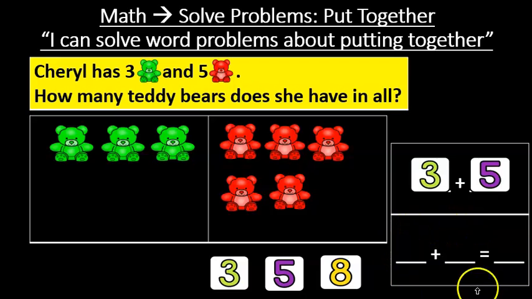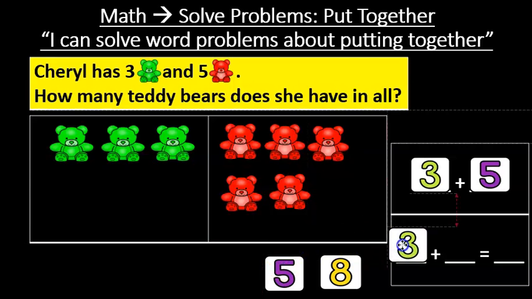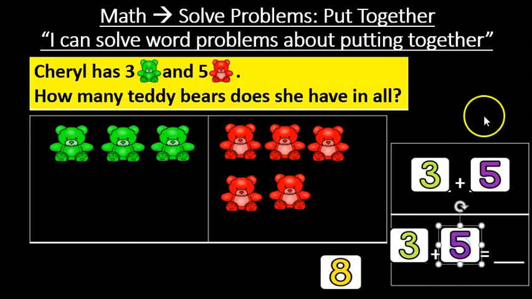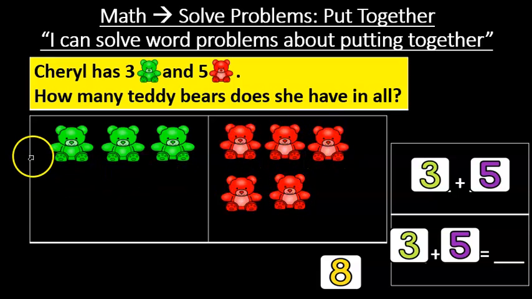Now let's come here to our other addition equation, okay? Same thing. Here's what you're going to do. 3's up here. All you're going to do is put 3 back in here. 5 is here. So all you're going to do is put 5 here, okay? Now, we need an answer here. To get this answer, you're going to have to count up all the teddy bears together. Okay? Let's count together. 1, 2, 3, 4, 5, 6, 7, 8.